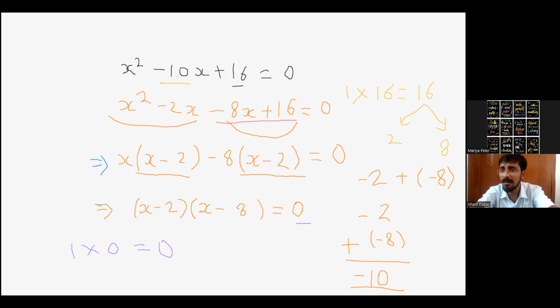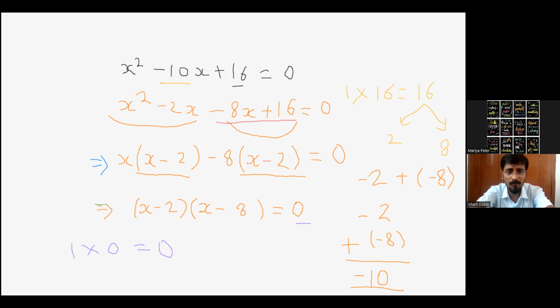Any number you multiply with 0, you will get 0. If in multiplication you have 0, you get 0 only. So 1 multiplied with 0 gives 0, and if I change the order, 0 multiplied with 1, what will you get? 0.